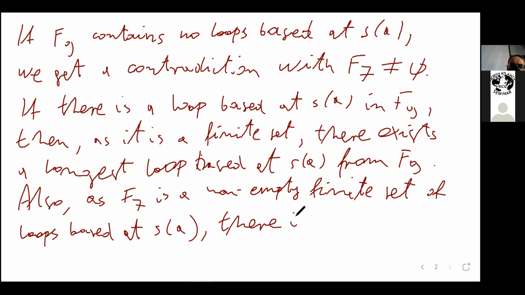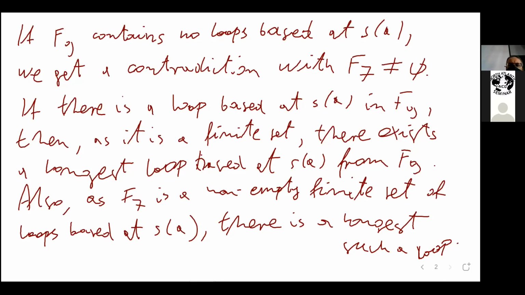There is a longest such a loop. Okay. And now let's call these loops somehow.